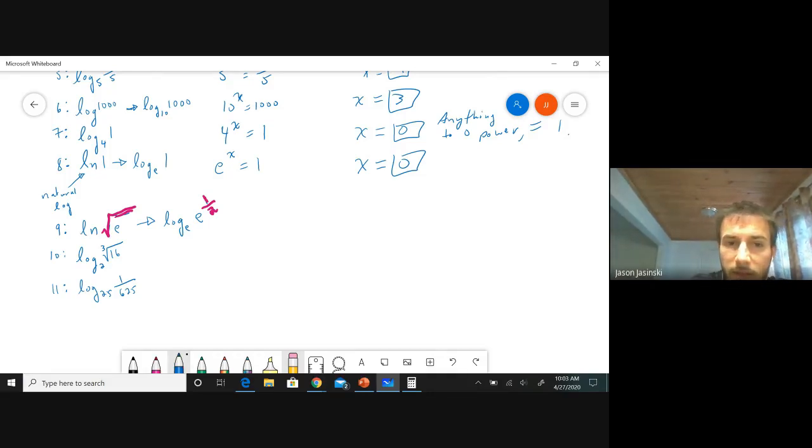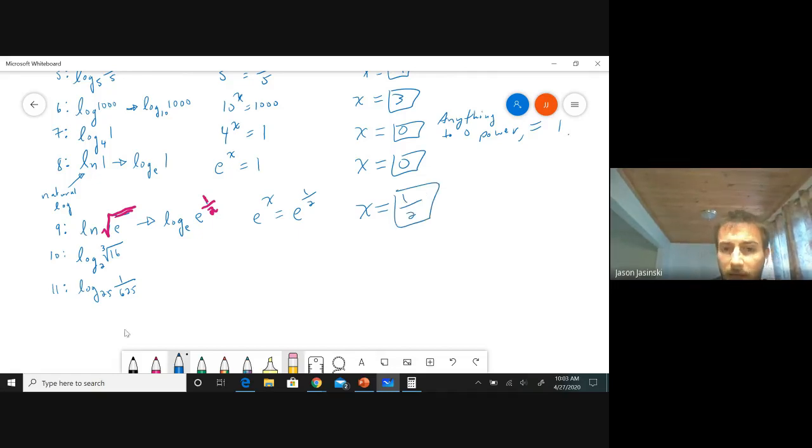So then that means e to what power is equal to e to the 1/2. So that implies x would equal 1/2. Because we have the same base, it follows that x equals 1/2.